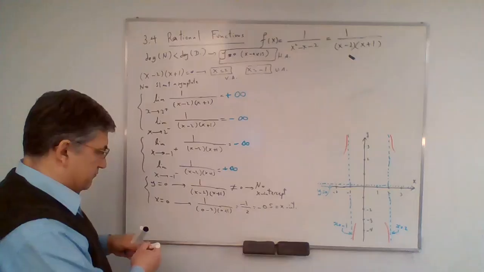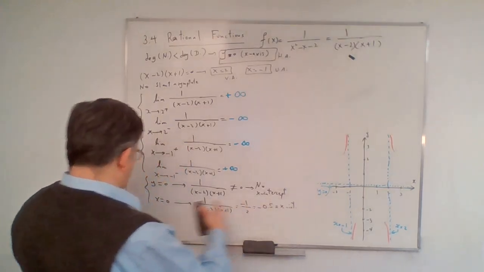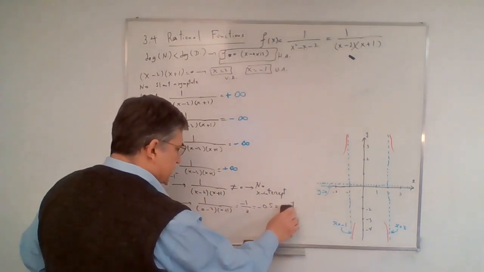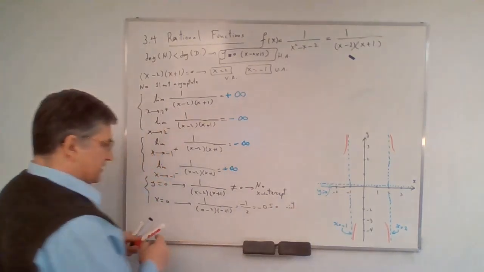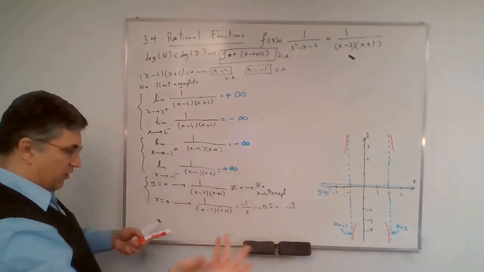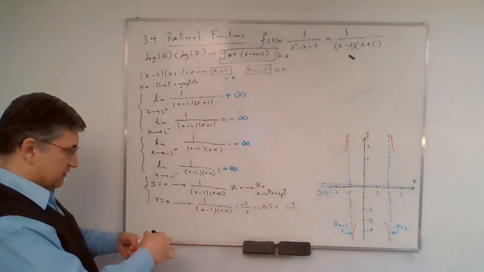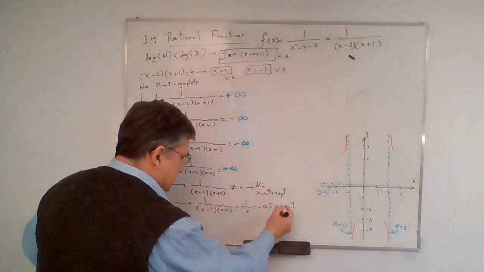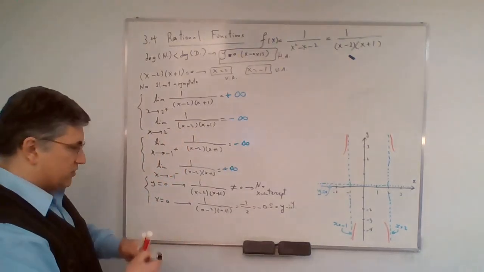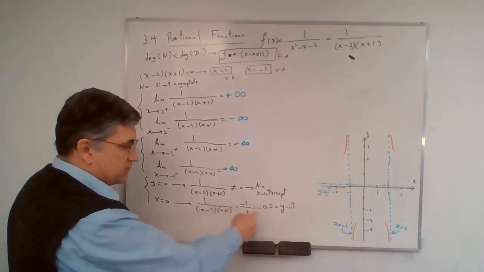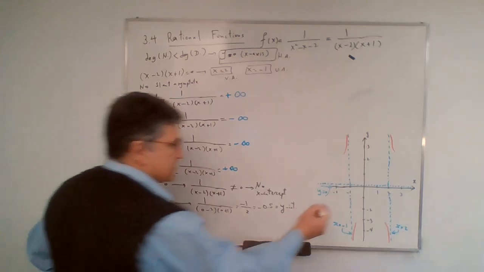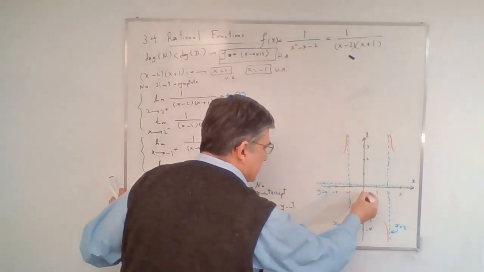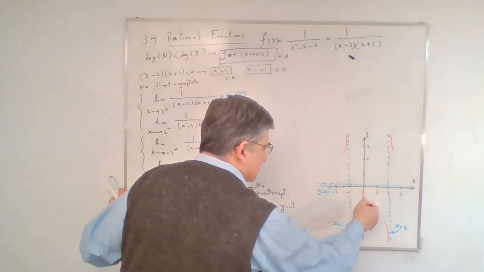No, I am not right. This was to set x to 0, this was the y-intercept. I mentioned x-intercept by mistake. X-intercept, we already said that it doesn't exist. I apologize because of the rushing I'm doing. So the y-intercept is -0.5, and that is right here. So this is the y-intercept.